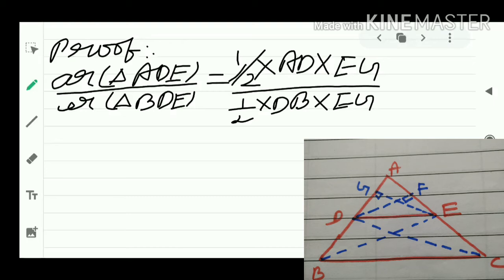So we cancel 1 by 2, EG and EG, we get AD by DB.